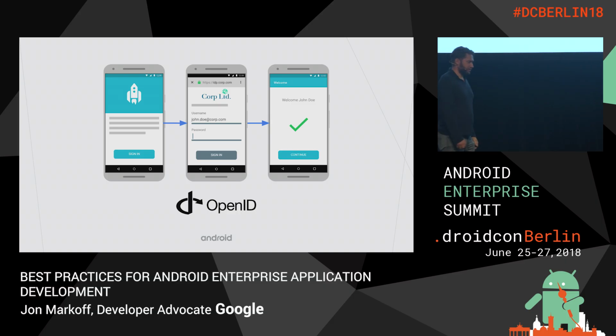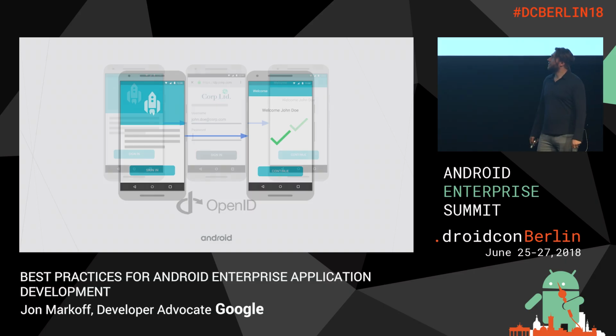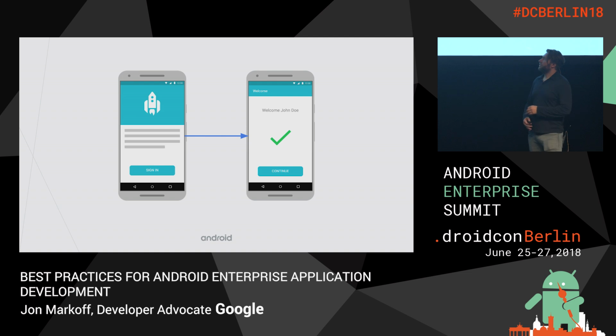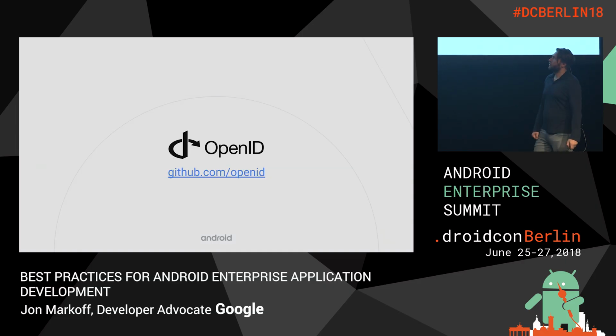The OpenID Foundation has a wrapper and has done a great job of wrapping OAuth 2 and OpenID Connect in a nice library that everyone can use. So hopefully, at the end of the day, all of your sign-ins will look something like this and work seamlessly together. If you want to learn more about OpenID, go to github.com/OpenID. They do a really great job of providing single sign-on and auth libraries.